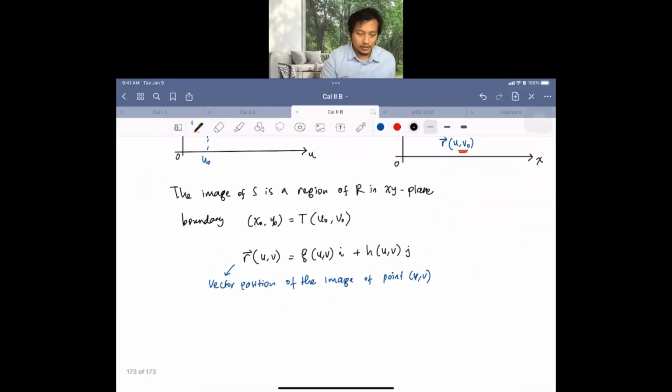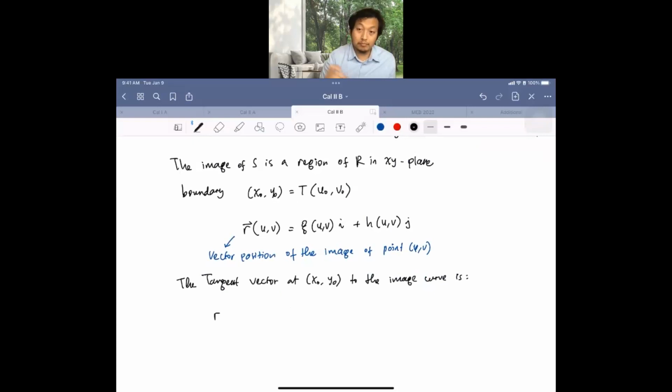And now the tangent vector. So the tangent vector at x0, y0 to the image curve is, we could take the partial derivative. So r, we write ru, partial with respect to u. So this will be g_u(u0, phi0) i plus h_u(u0, phi0) j.